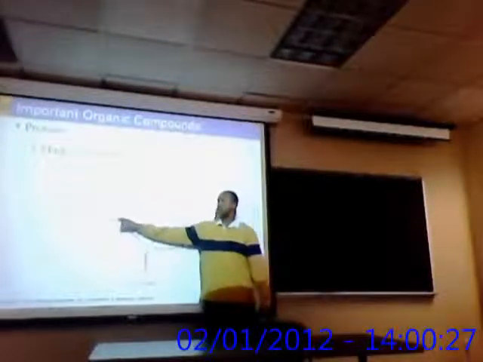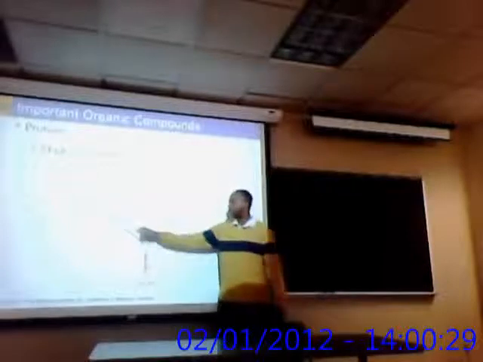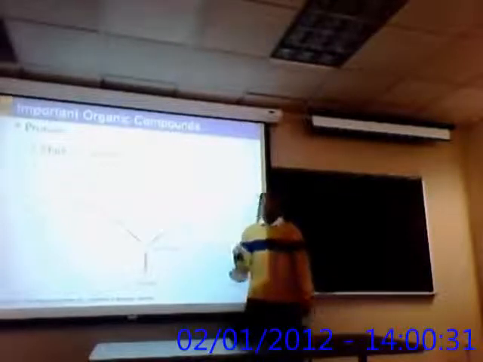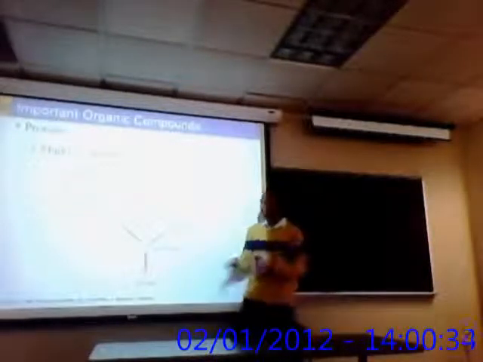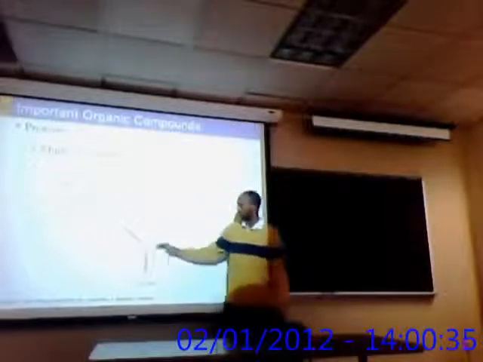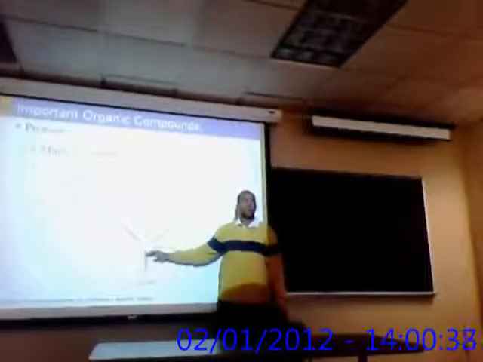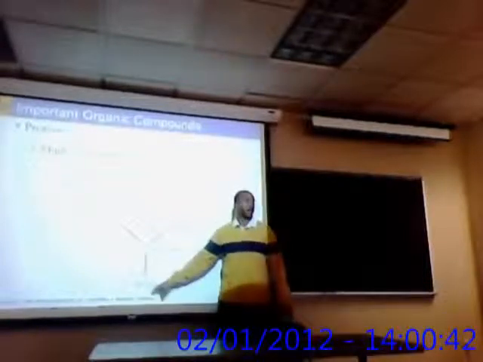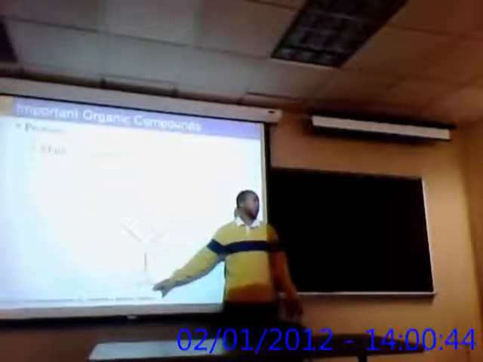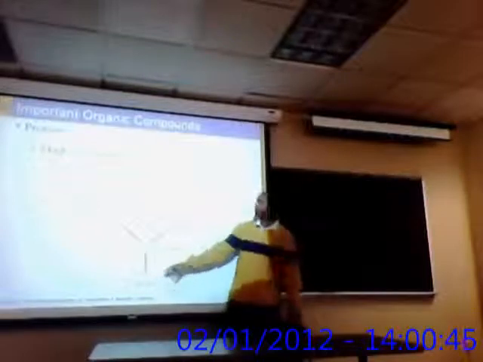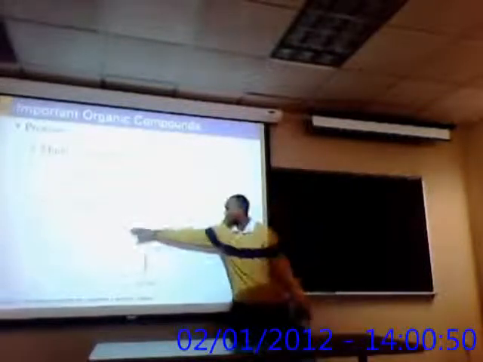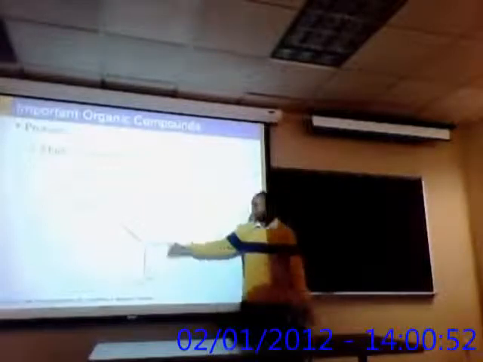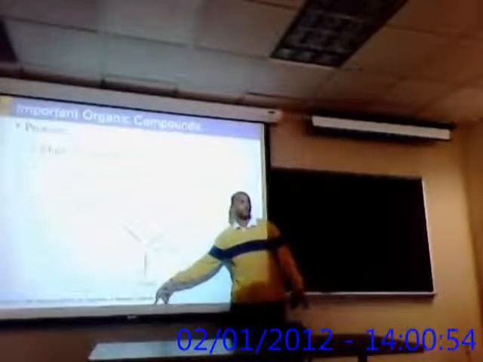NH2 is an amino group. That's what makes it an amino acid. Then attached to this carbon is some type of side chain, and there are 20 different side chains, and that's how you get 20 different amino acids. All of this is exactly the same for all amino acids. The only thing that differs is this side chain.